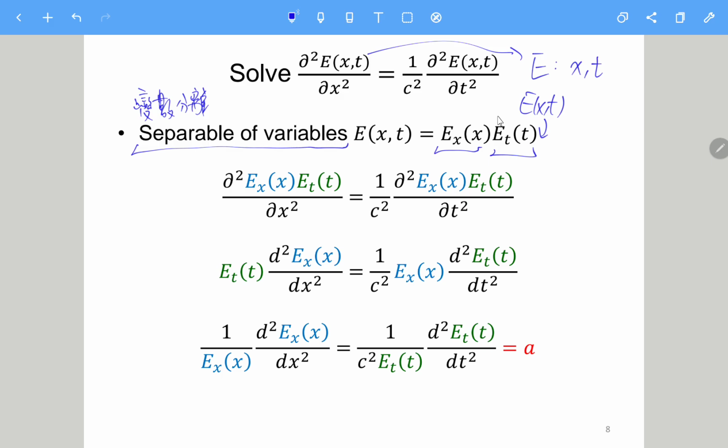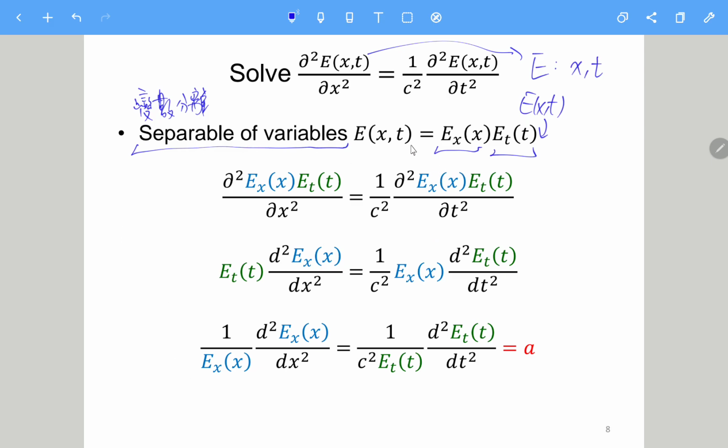You don't know yet, so you can try. You assume the solution has this form, then you plug it back into the original partial differential equation and see whether you can find a solution. If it works, then the steps will be very, very short.